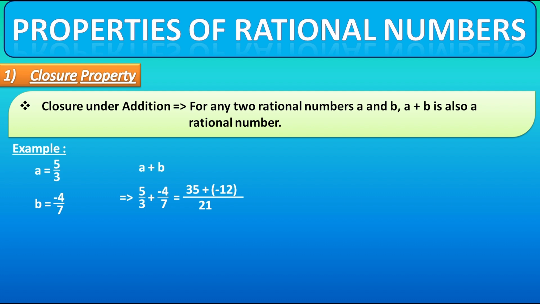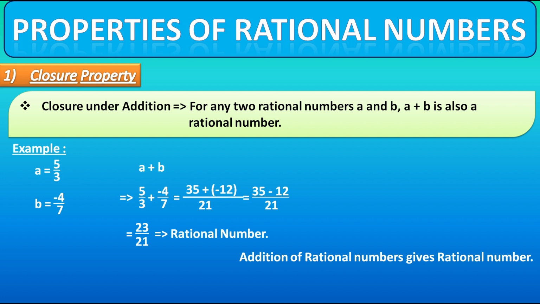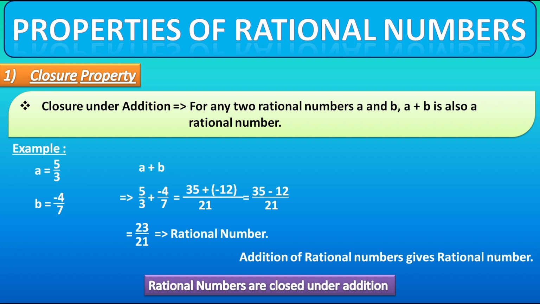Now 35 minus 12 gives us the answer as 23 upon 21, with positive sign because 35 is the greater number and it has a positive sign. So I got the answer as 23 upon 21, which is a rational number. So we can say that addition of rational numbers gives us a rational number only. Therefore, rational numbers are closed under addition.